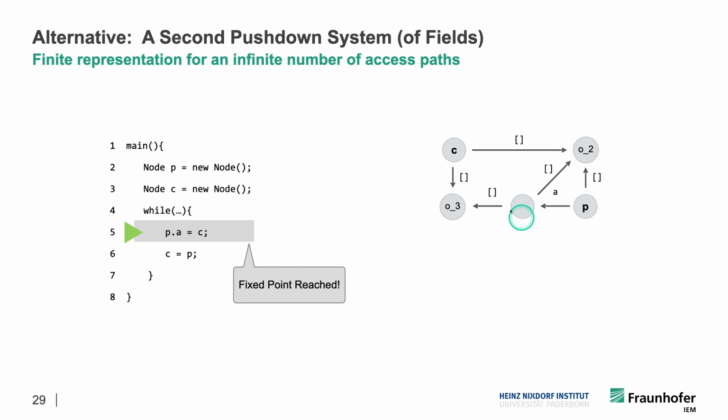This post-star automaton saturation has terminated because the automaton has actually been fully saturated. And that's actually really nice, right? So we have now a finite representation to encode a potentially infinite number of different field accesses that can be caused by such a loop.